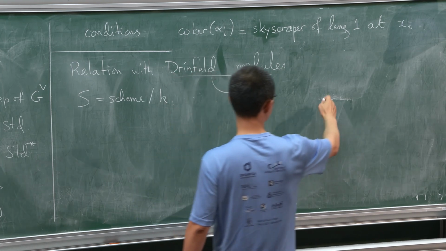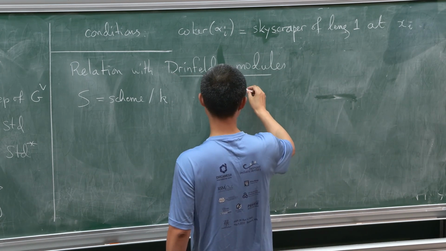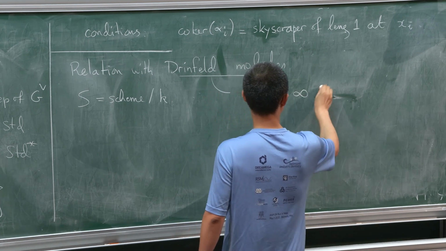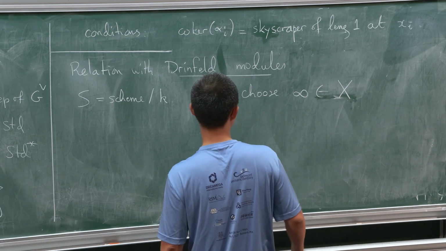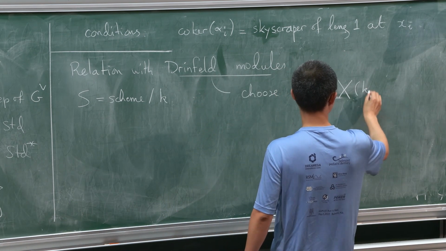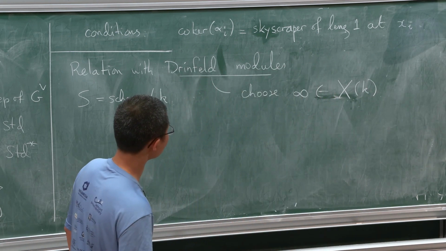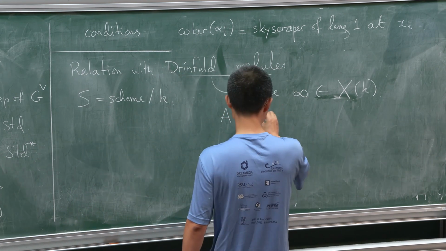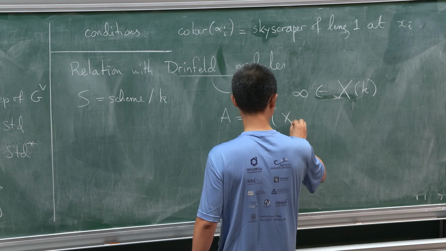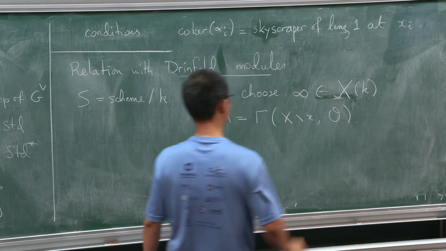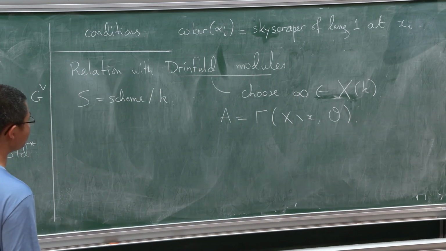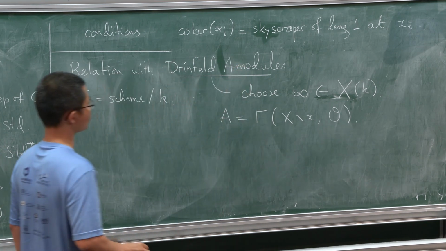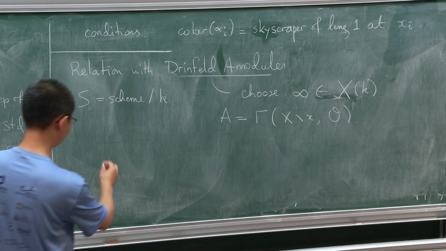We need to pick a closed point in X. For simplicity, I'll assume it's a k-rational point. And let A be the regular functions on the complement. So that's a Dedekind domain. So Drinfeld modules are really Drinfeld A-modules, but acting where?